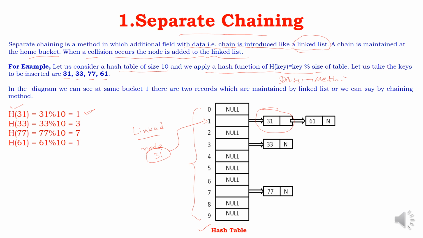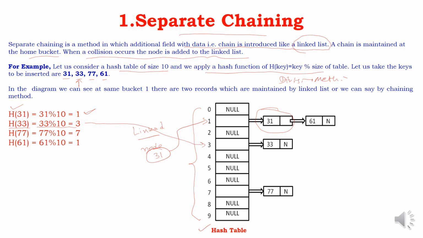Then for example another value 33. Again, try to add another value to the hash table. Hash 33, it generates an index. What is the index? 33 percentage 10 is 3. It has to place 33 at location 3.